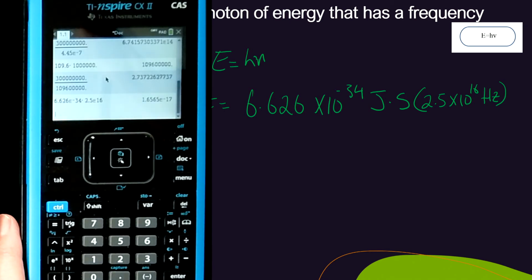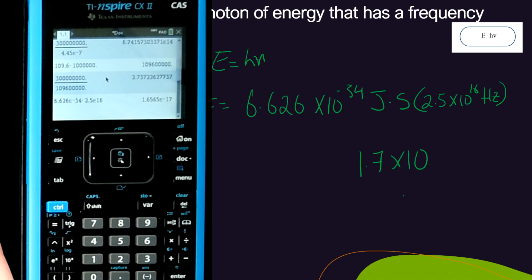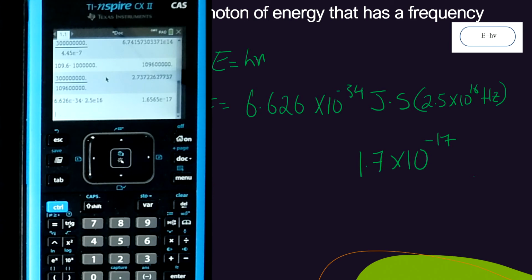So looking at our question, we see that we have 2 sig figs. So we need to have 1.7 times 10 to the negative 17. And in terms of our units, our hertz are our s to the minus 1, so they're going to cancel, and that's going to leave us with joules.